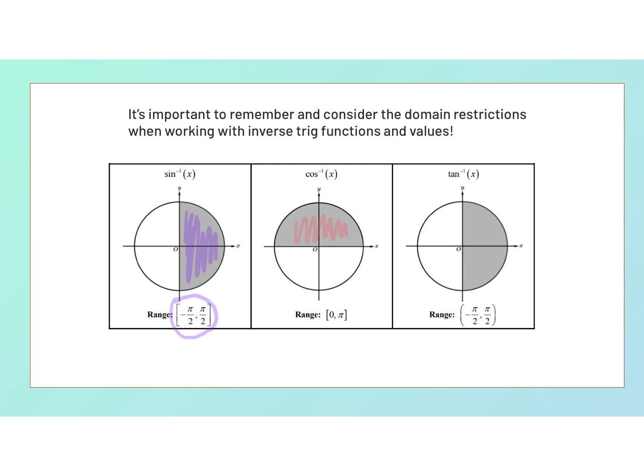Our angles are going to be between 0 and π, again inclusive of those bounds. And then for inverse tangent, we have quadrants 1 and 4, looking from -π/2 to +π/2, but we are not including those boundaries. Notice the parentheses on that range, and that's because at tangent and inverse tangent, we have asymptotes.